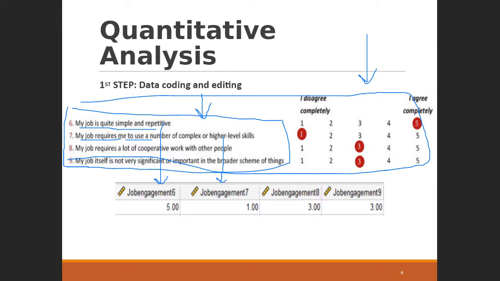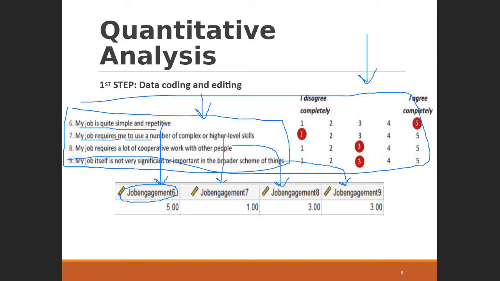Similarly, we have coded the questions of job engagement 8 and job engagement 9. So we are basically not writing the complete question. We are not writing the complete statement. We are just reducing the complete statement into a code, and that code is easily identifiable. Just by reading the job engagement 6 code, I know that this is the sixth question of the job engagement variable.